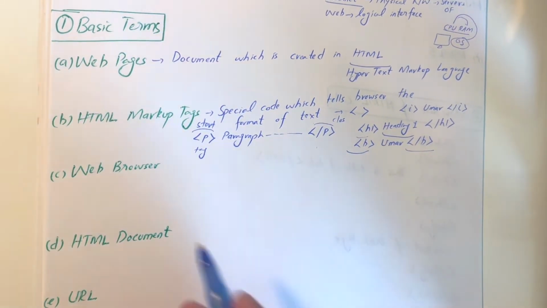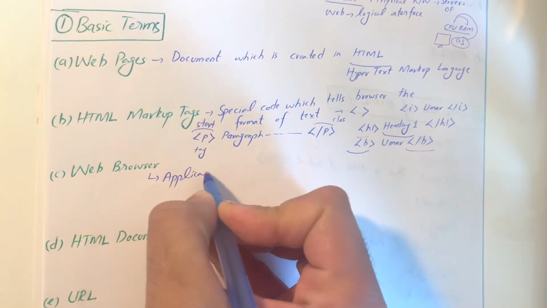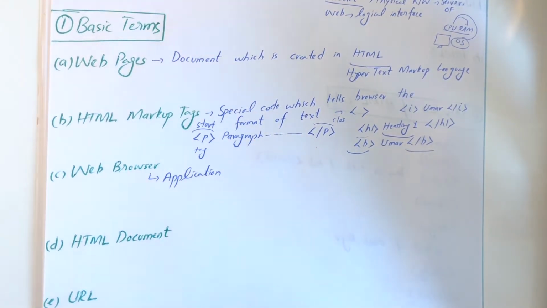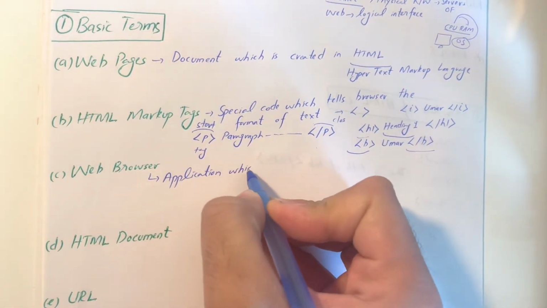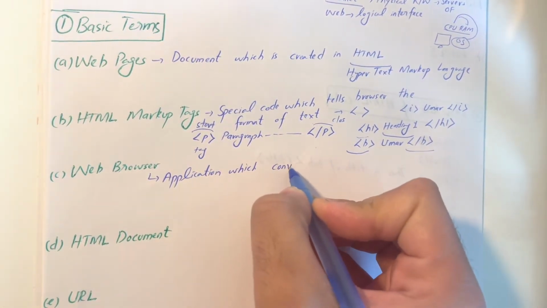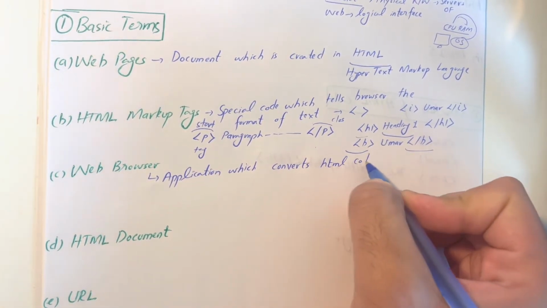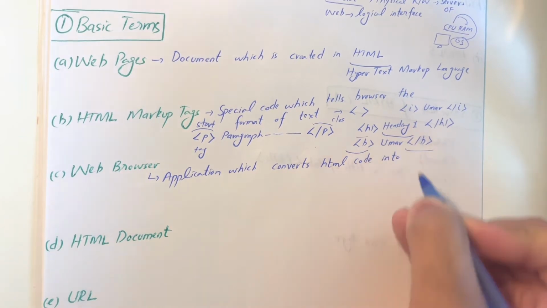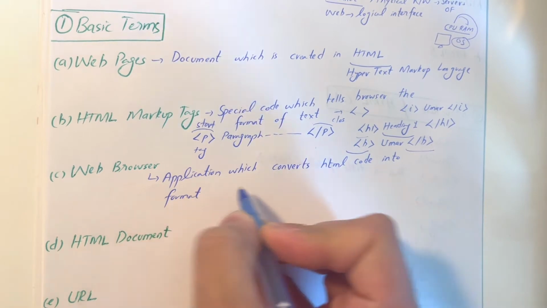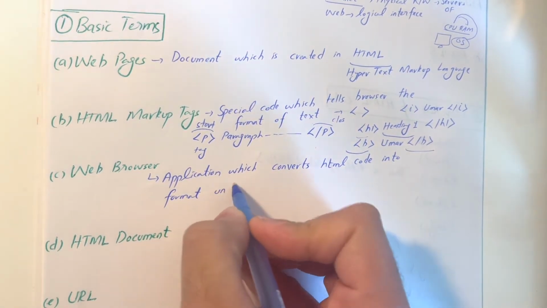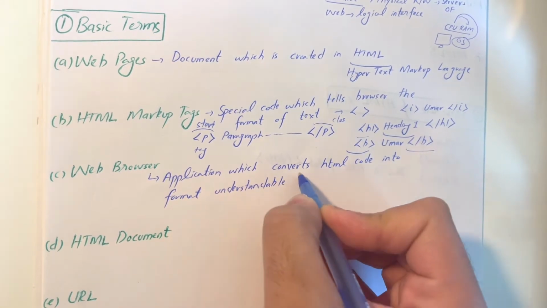A web browser is basically an application, just like your Chrome, Firefox and all. It is an application which converts HTML code into a format understandable by a layman.